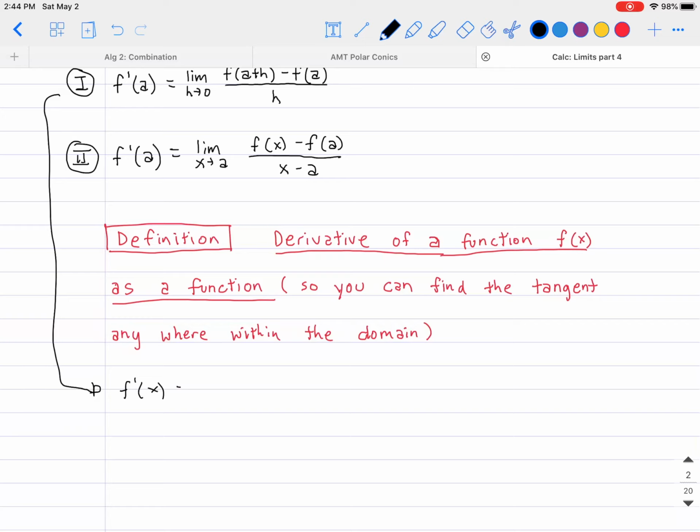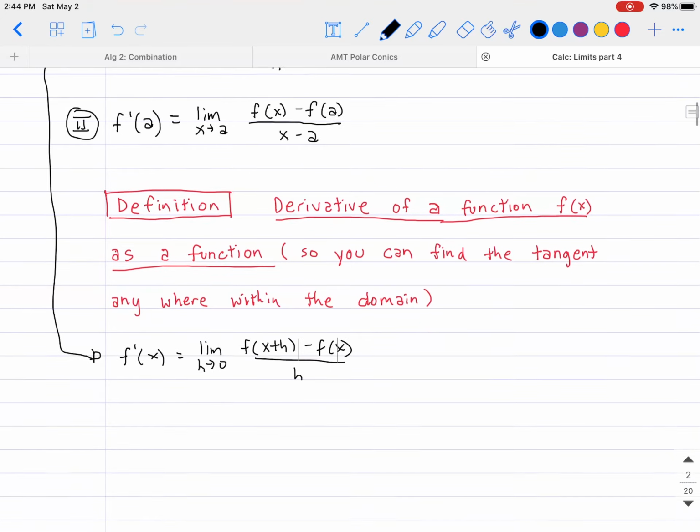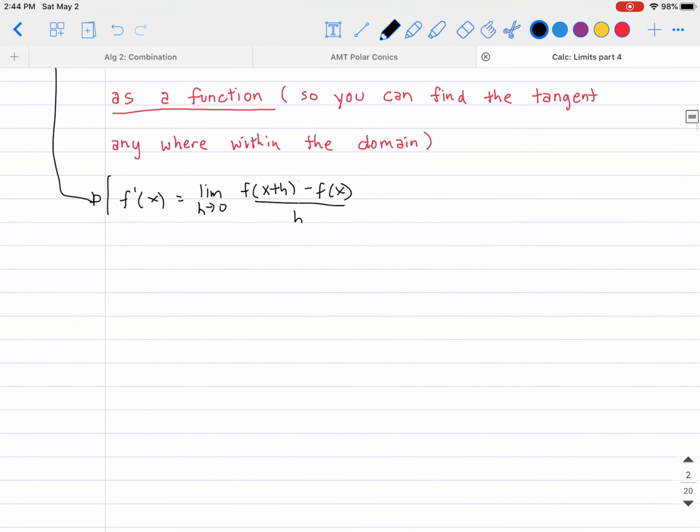So to be a little bit more formal, f prime of x, the function of the derivative, is equal to the limit as h approaches 0 of f of x plus h minus f of x, all divided by h. That basically means that instead of having a fixed point, now we can look at any value of x that we want in order to find out the instantaneous slope.